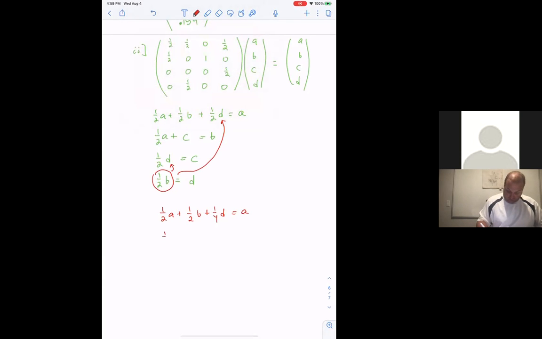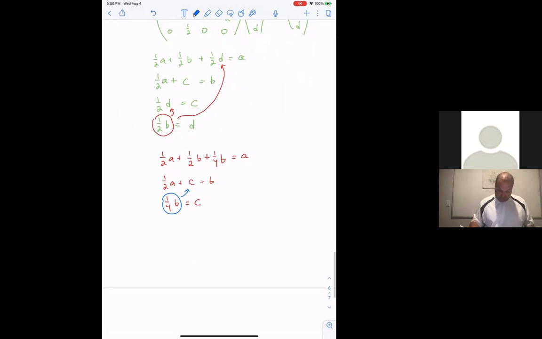Second equation, 1/2 A plus C is equal to B. And the third equation is 1/4 B is equal to C. Fourth equation, don't need anymore because I have, oops, this D here should be a B. So 1/2 A plus 1/2 B plus 1/4 B equals A, 1/2 A plus C is equal to B, and 1/4 B is equal to C. Now what I can do is take this C and plug it in there.